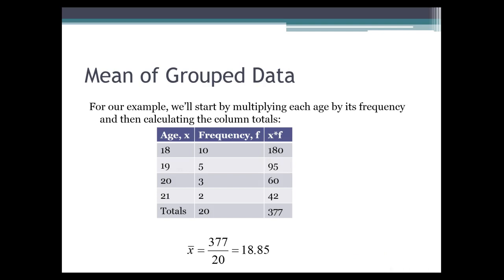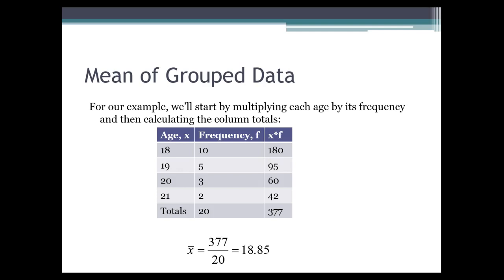Now let me give you a quick caution. A common mistake people make is that they'll divide by the wrong column. You divide by the sum of the frequencies, not the sum of the x's. Okay, so just be careful of that. Make sure you're dividing the same thing by what you're supposed to be dividing by. And it helps to do a quick sanity check on your calculation.